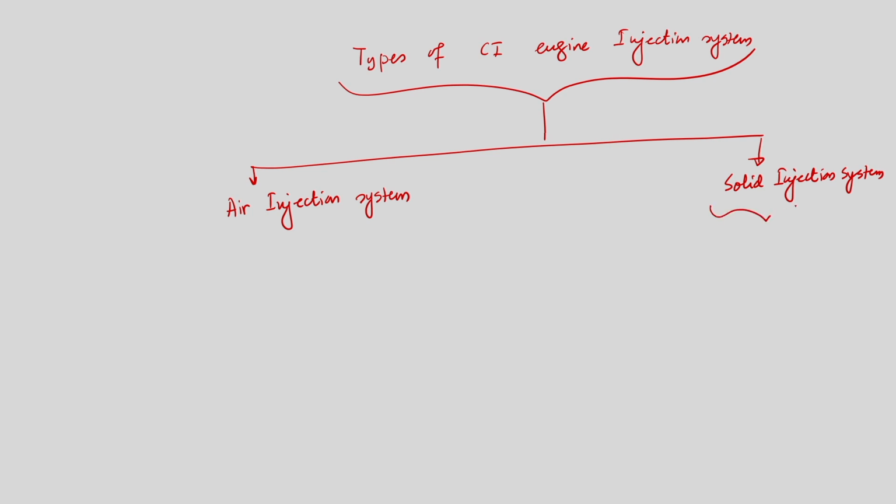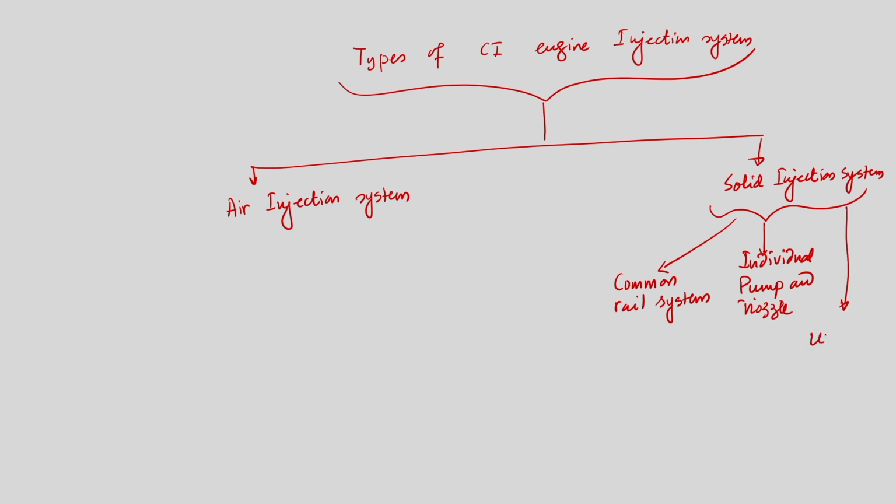The solid injection system can be further subclassified into three categories: common rail system, individual pump and nozzle, and number 3, unit injectors.